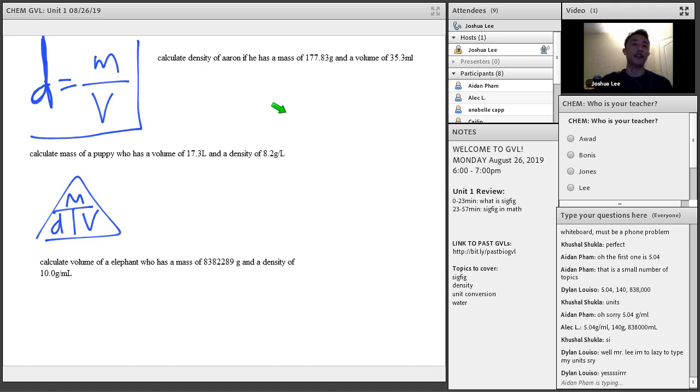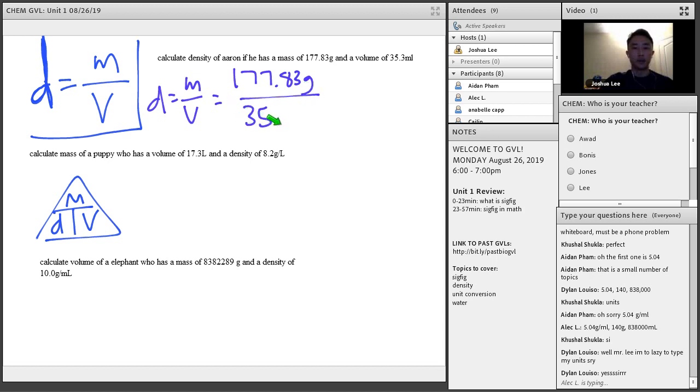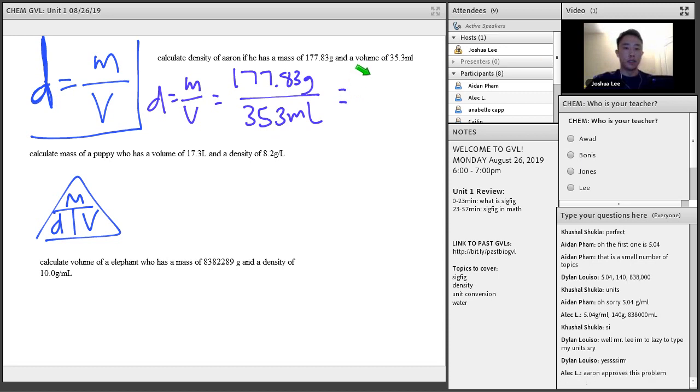Calculate the density of Aaron if he has a mass of 177.83 grams and a volume of 35.3 milliliters. So density is mass over volume. And luckily, they gave us mass, which is grams, over a volume, which is milliliters. 177.83 divided by 35.3 gives you 5.037 dot dot dot, and I want 3 sig figs based on the 35.3.